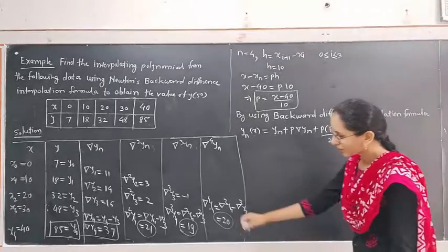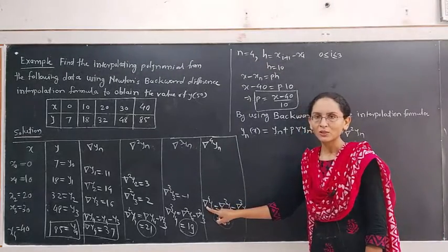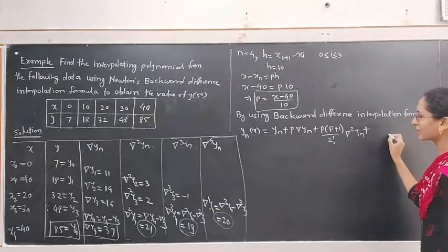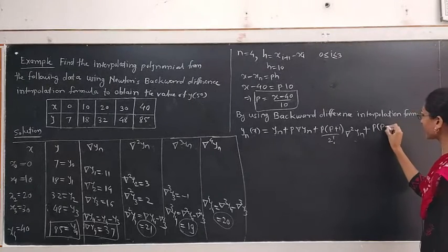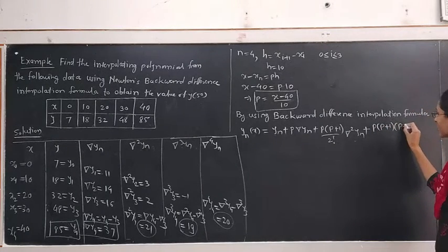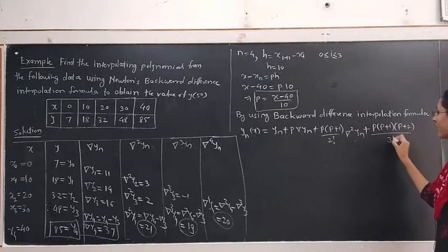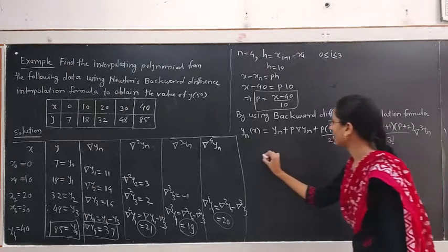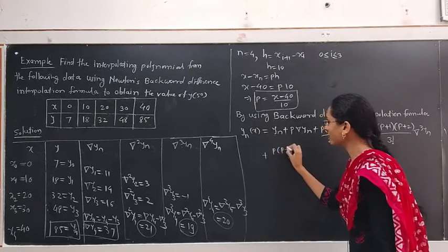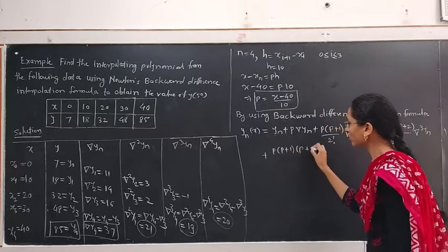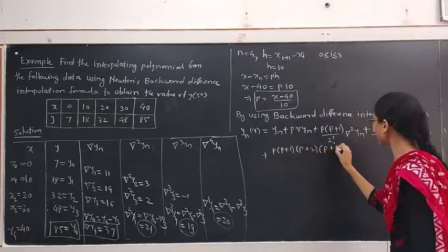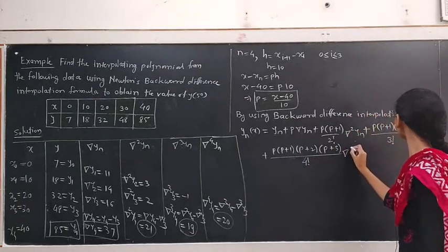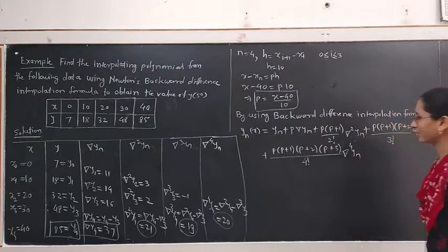We have backward differences of order 4 in this table, hence we write the next two terms also: p into (p plus 1) into (p plus 2) upon 3 factorial del cube yn plus p into (p plus 1)(p plus 2)(p plus 3) upon 4 factorial del raised to 4 yn.